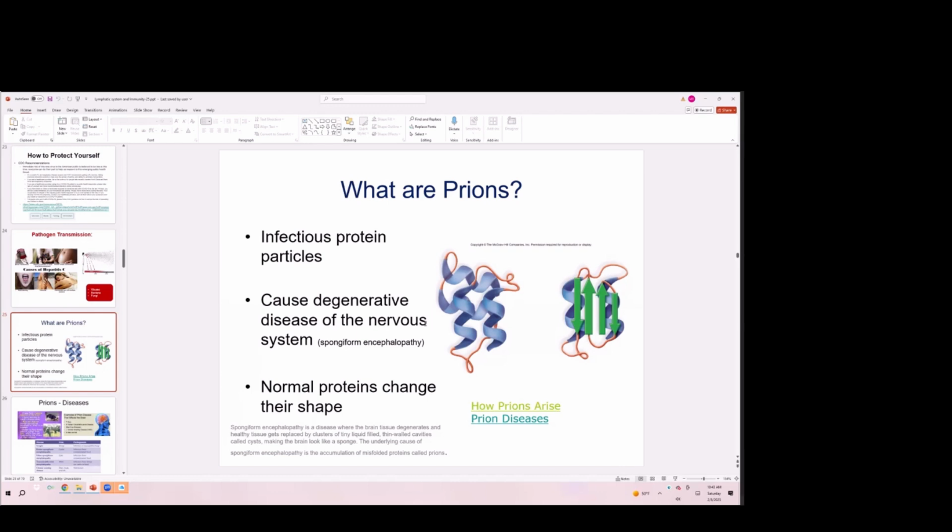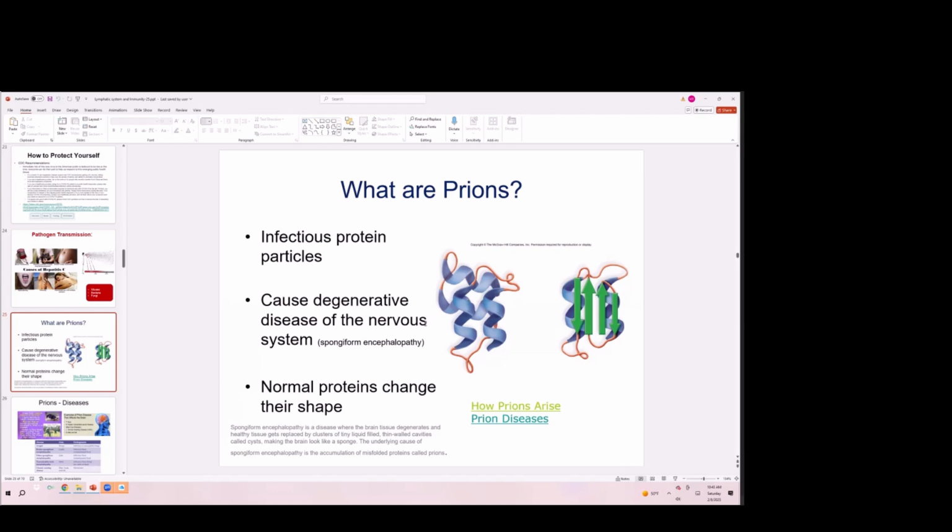One of the hypotheses was that when you eat meat that has these proteins, these infectious ones, an altered form of it, they would go and merge with the normal proteins that we have in us and make them change their shape.